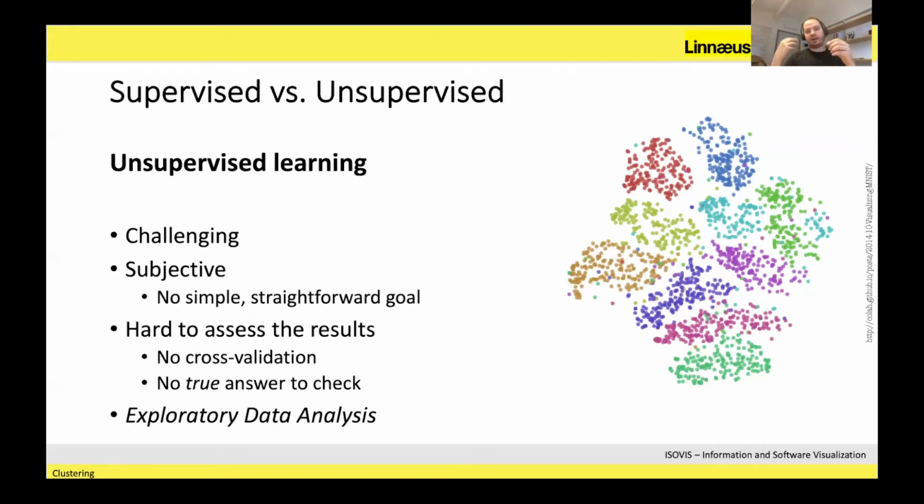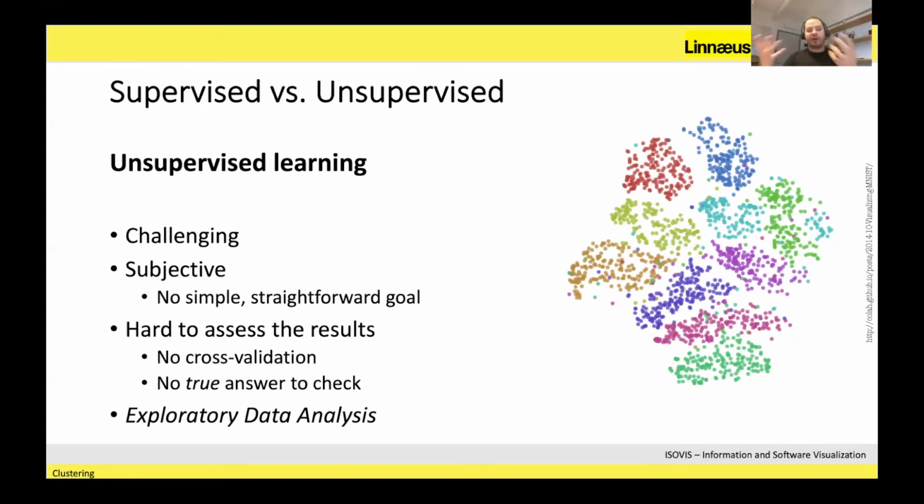Because when you have supervised learning, you can optimize towards that. That's the whole idea of optimization. You need to have a clear goal that you're optimizing for, and then you can run so many different optimization algorithms, but it starts from the fact that you have a clear goal. With unsupervised learning, we also do optimization, because machine learning and optimization go very much hand in hand.